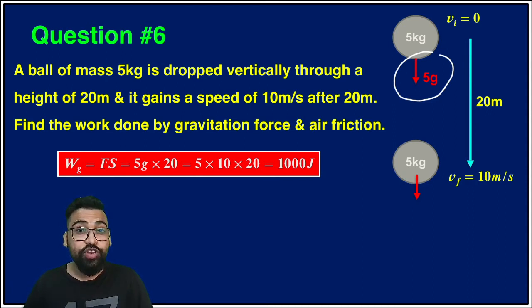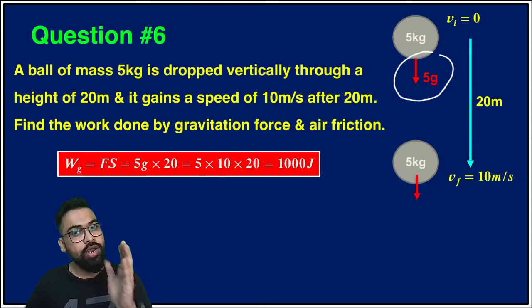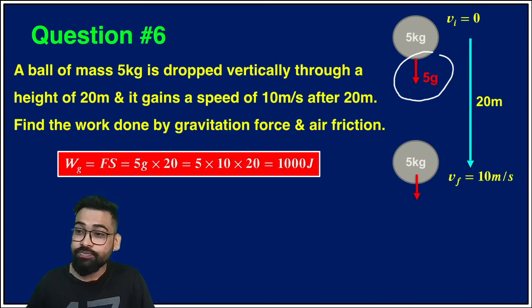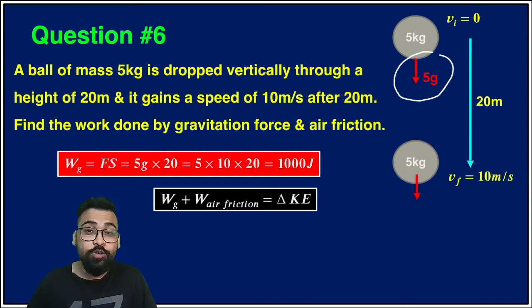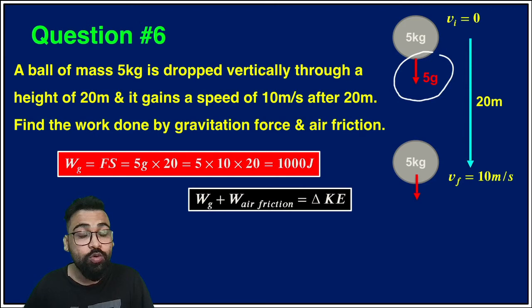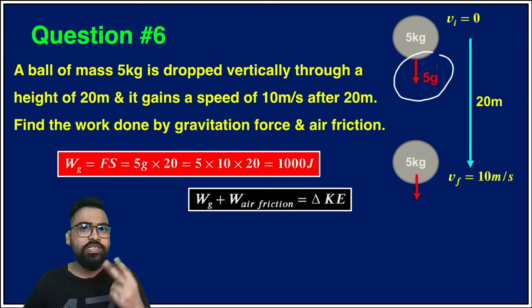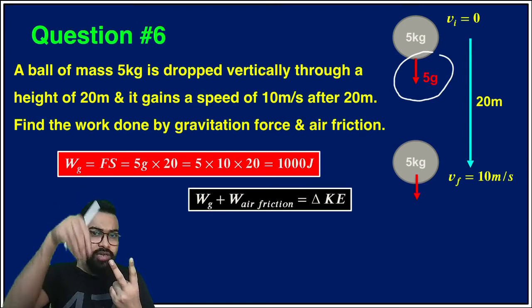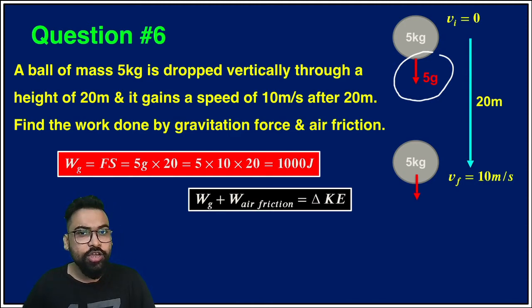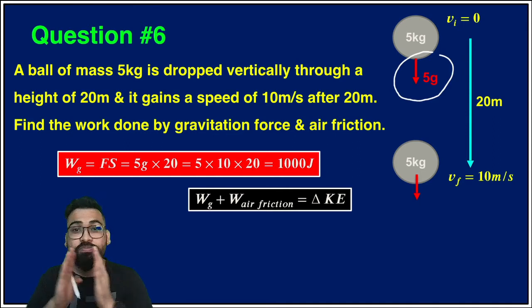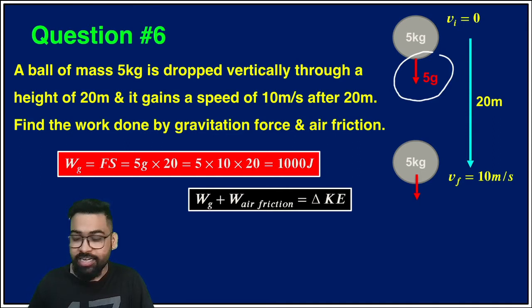But still we want air friction. Now what can we do? Now we can use the work energy theorem. So if you use this, you'll say work done by all the forces equals change in kinetic energy. Obviously there are two forces. One is gravity, that is weight, that is taking you down, and the second one is air friction. So you can say Wg plus W air friction is change in kinetic energy.